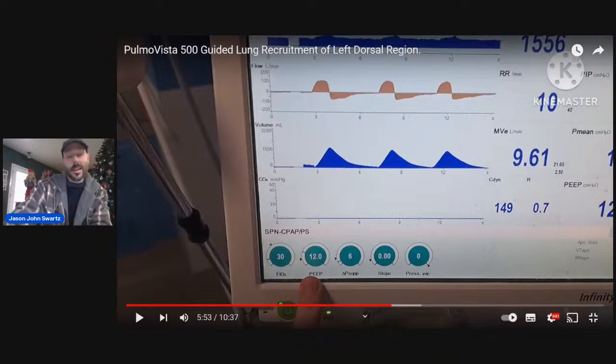I'll also post the APRV cases because lots of places don't use APRV, so it's something that is missing on YouTube. Not a lot of APRV is being shown, actual cases, actual computer screens, event screens. So that's why I put them out there.